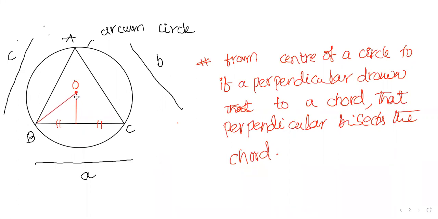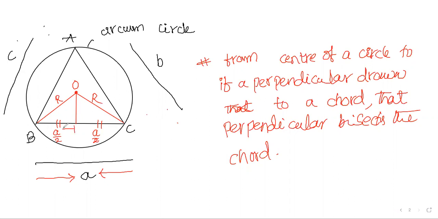Now, if you observe here, this is the radius R, and this is also the radius R. If the total side is a, then since a perpendicular drawn from the center of the circle to the chord bisects the chord into equal halves, this is a by 2 and this is also a by 2.